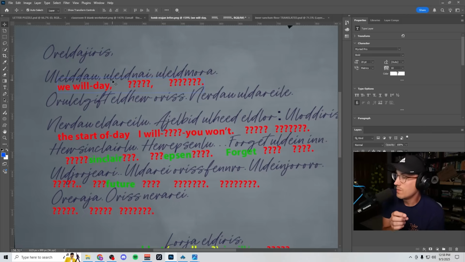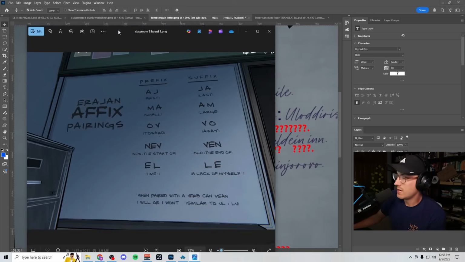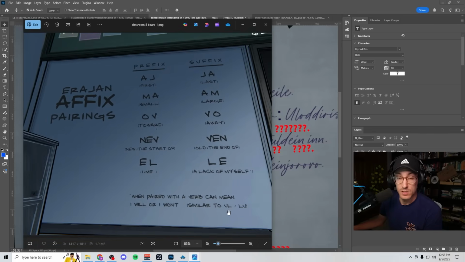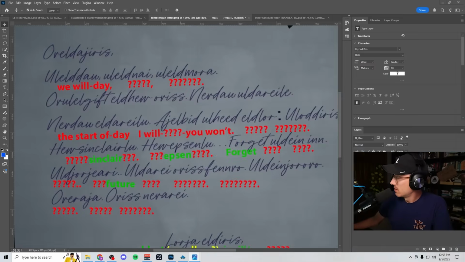Sorry. When paired with a verb, it can mean I will or I won't. When not paired with a verb, it just means I/me. So U/L, I think, would mean you. Maybe the 2 of those together becomes we. We day? We will day? We day?